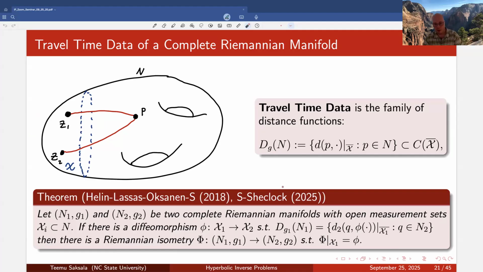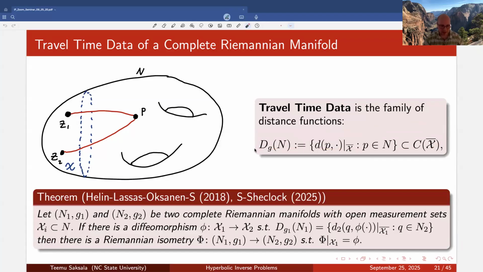So the boundary control method converts that PDE-based problem to this kind of inverse problem for the travel time data. Do I know for every point P the distance to any point in X?